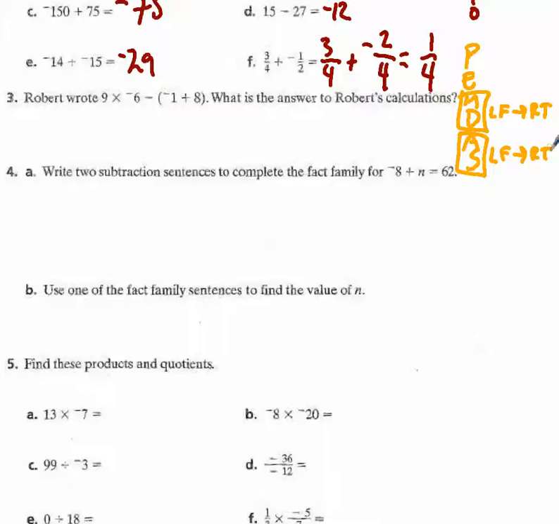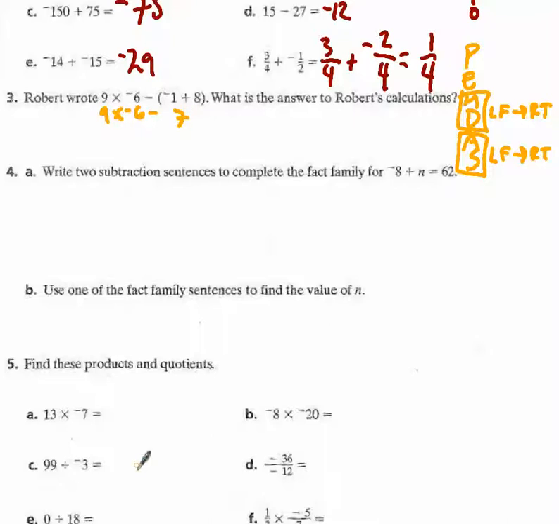So let's take a look at this problem. Do we have parentheses? You bet we do. So we have negative 1 plus 8. So I start at negative 1, I add 8 in the positive direction, and I'll get to 7. And so now I'll rewrite everything else that I've not done yet. So we have 9 times negative 6 minus 7.